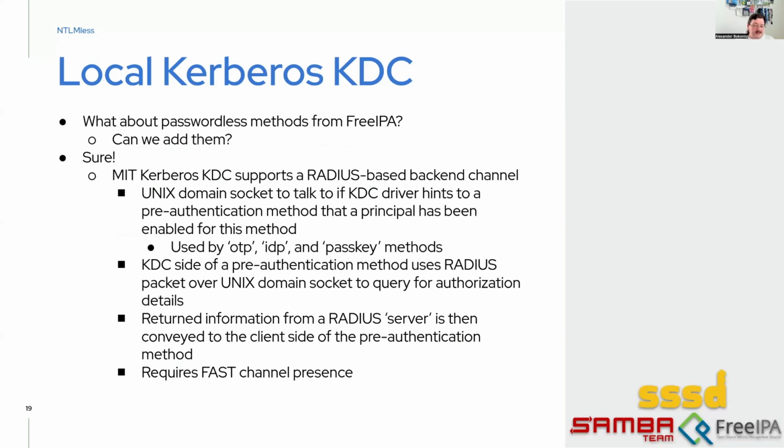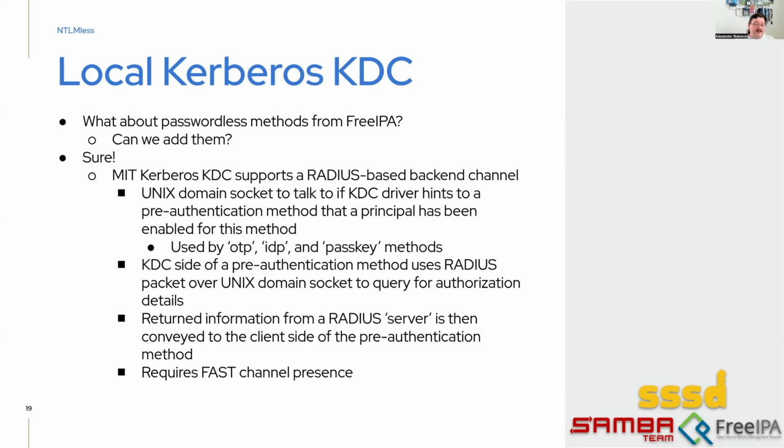And if somebody answers on that Unix domain socket, then the pre-authentication method can send a RADIUS message asking for validation of the Kerberos principal with some information that the client side of the pre-authentication method passed in. And this is used for OTP implementation. And then we added this for IdP, so identity provider or OAuth2 based implementation, and for the FIDO2 or passkeys method.